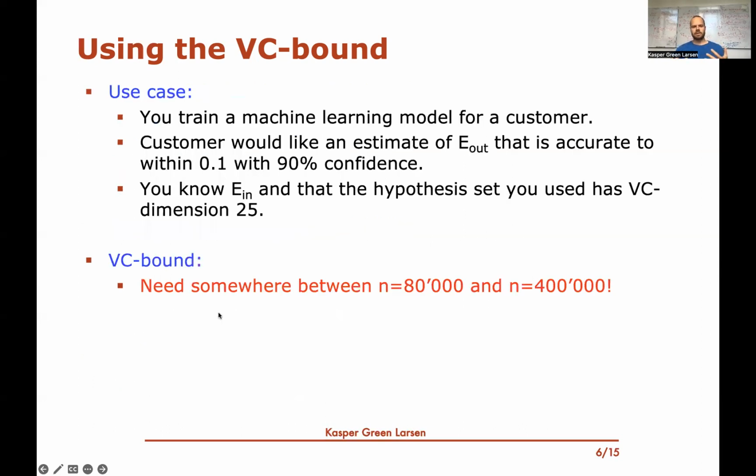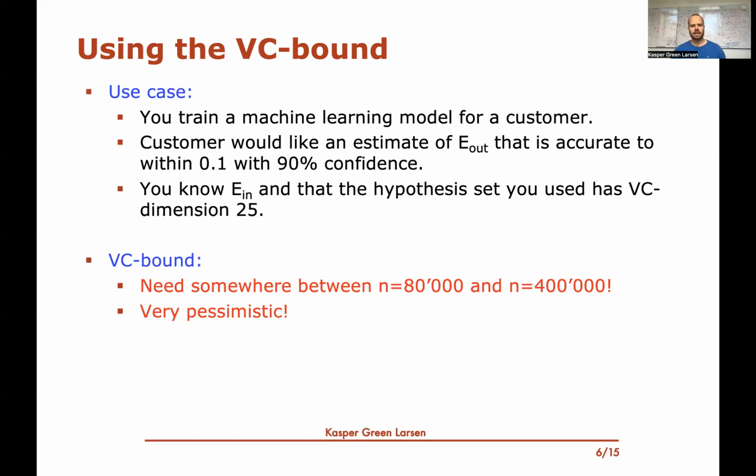So the VC bound, if we use it to give this guarantee to a customer, say the customer wants an estimate that's accurate to within 10% with 90% confidence, and we're using a hypothesis set of VC dimension 25, says that we need somewhere between 80,000 and 400,000 training examples, which sounds like quite a lot. This is really a lot of data that you need to gather.